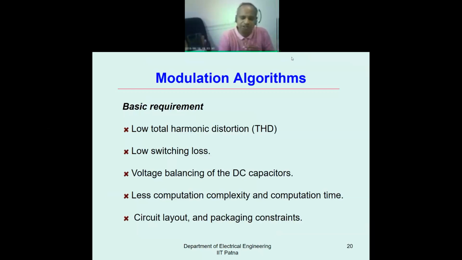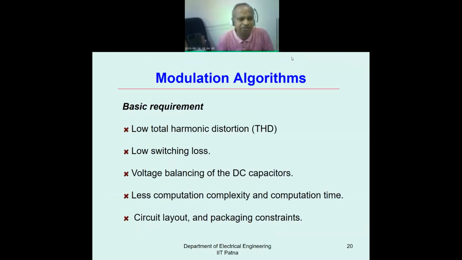There are advanced switching techniques, like hysteresis current control. I think all of you must know hysteresis. Last class we also studied a little bit about hysteresis current control: you compare the actual current and the reference current, pass it through some kind of controller, and you get the output voltage.